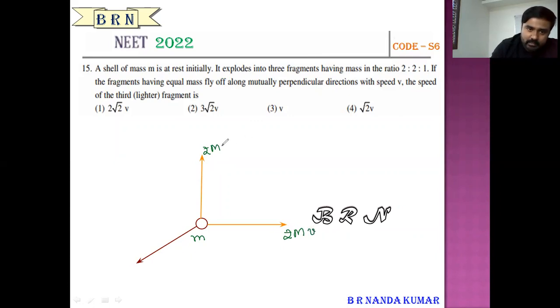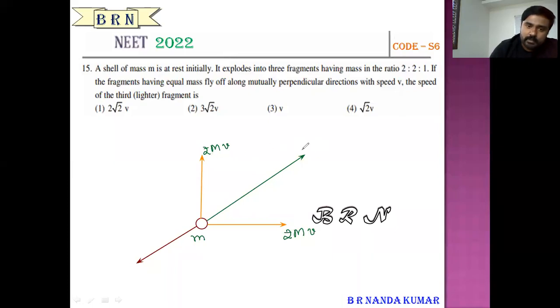So this is the momentum of 1 fragment, and this is the momentum of another fragment, which are mutually perpendicular to each other. If 2 vectors are perpendicular, the resultant is along the diagonal. 2mv and 2mv acting at the same point, perpendicular to each other, so the resultant is the diagonal of the square.